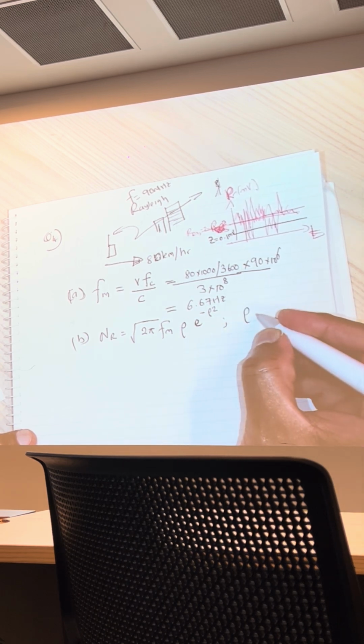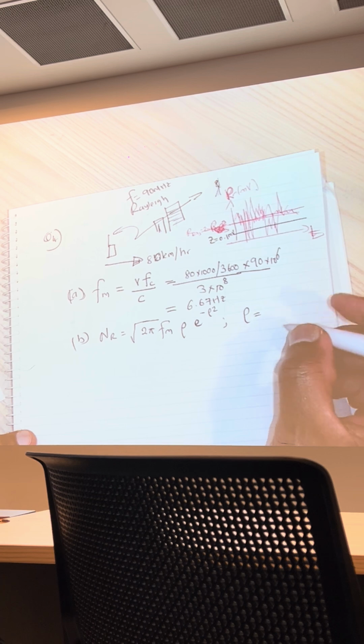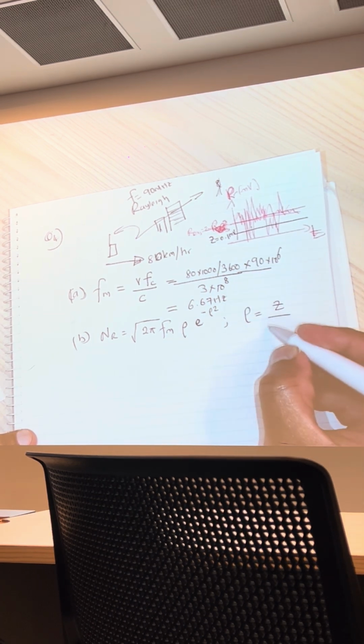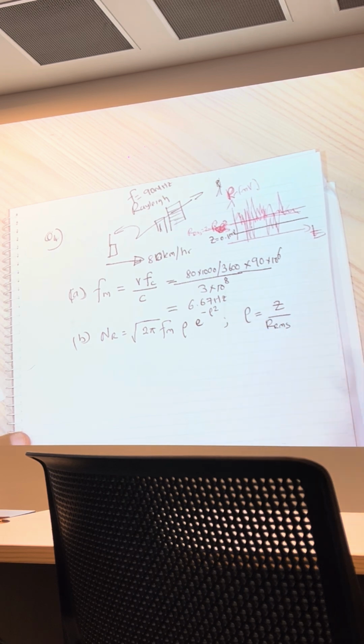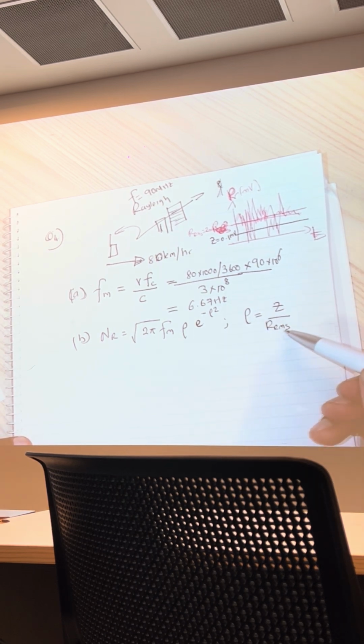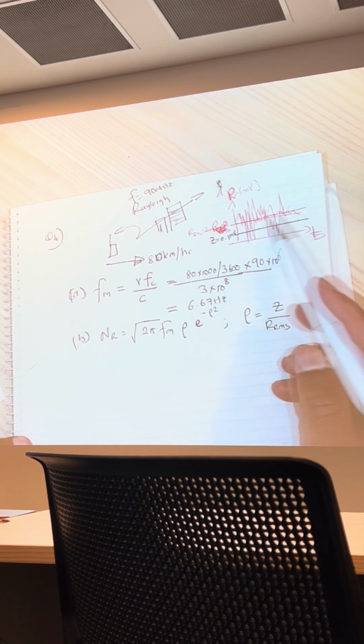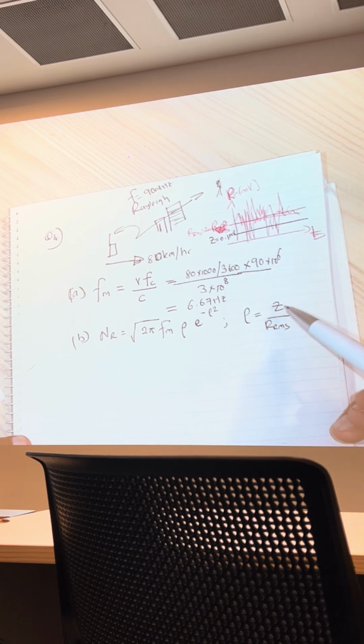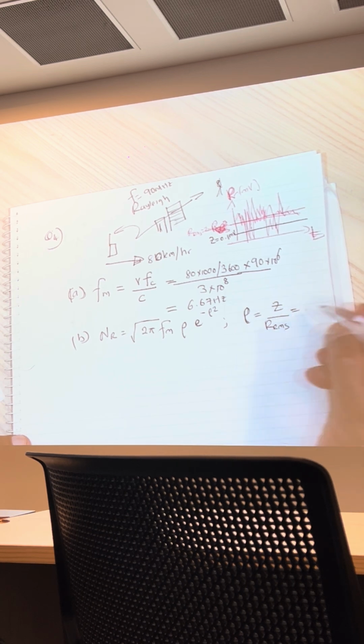Where the value rho is given by Z on R_RMS. R_RMS is the root mean squared value of the received signal amplitude, and Z is the threshold that the signal shouldn't go below. So that's the ratio, rho. Rho is given to us, obviously 0.1 on 2.